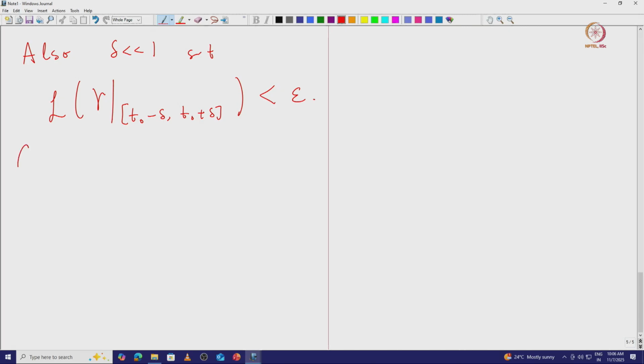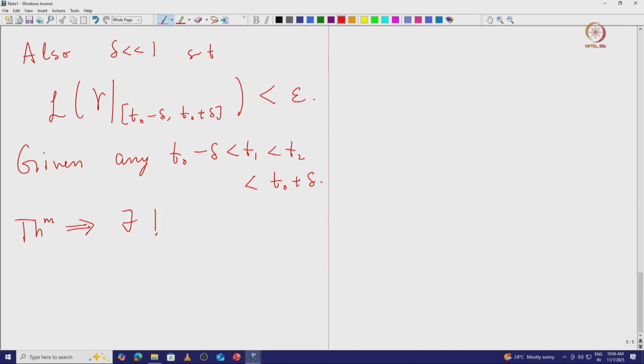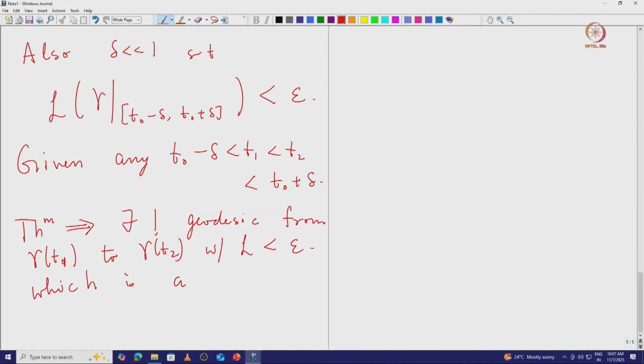Okay, so then given any T1 and T2 in this interval, by the theorem there exists a unique geodesic from gamma of T1 to gamma of T2 with length less than epsilon, which is also minimal, okay.